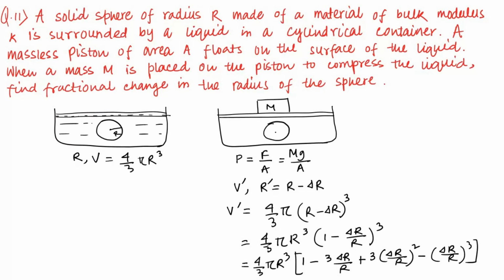We can neglect these last two terms because they are very small. So the final v dash is 4/3 pi r cube times 1 minus 3 delta r upon r.